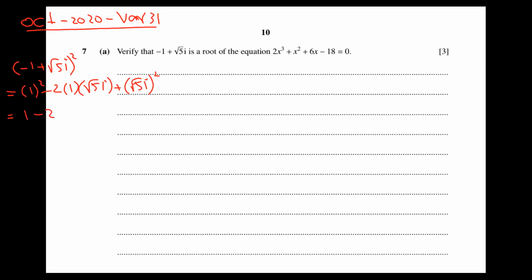The square of root 5 becomes 5, and the square of iota is, very clearly, minus 1. So minus 1 into 5 becomes minus 5. Ultimately it becomes negative 5, negative 2 root 5 iota. So this is the answer of this.